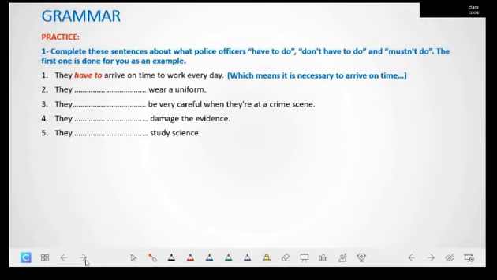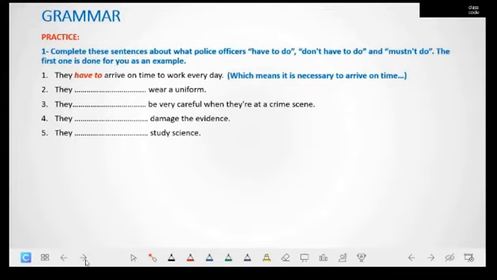Okay, we have some responses from our students. We have Fahad. Fahad says that I think must is more British and have to is more American. I don't think so.